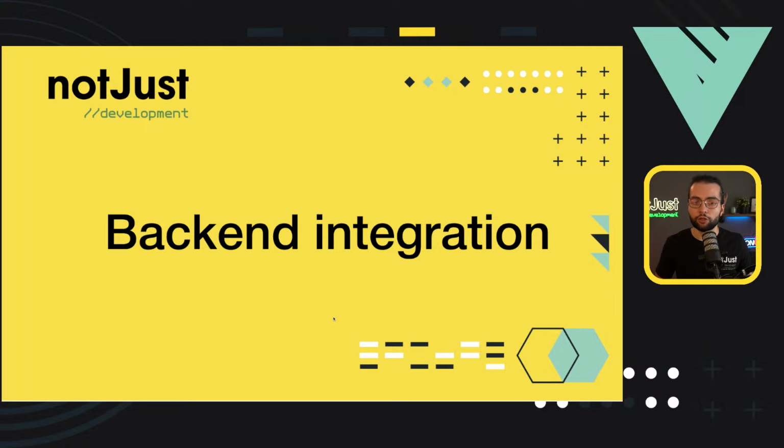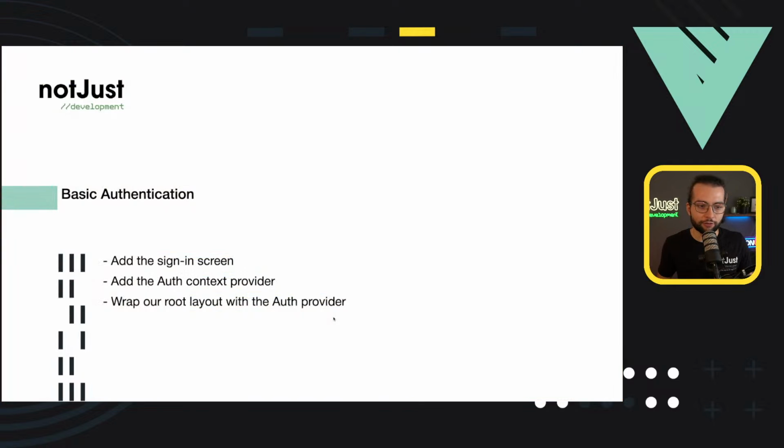And in that case, you have your own backend, you are storing the users in your own database. And what we will want to do is connect the users in our backend with the users from StreamChat. So let's go ahead and first of all cover the basic authentication.